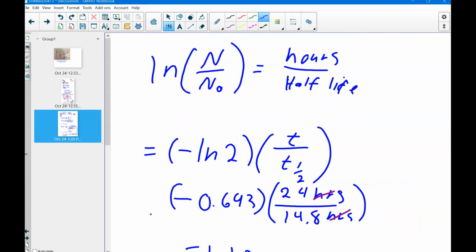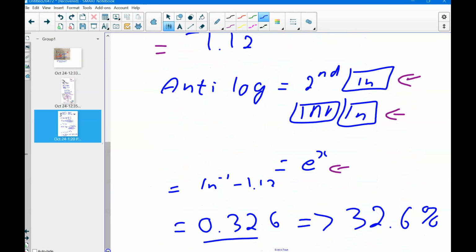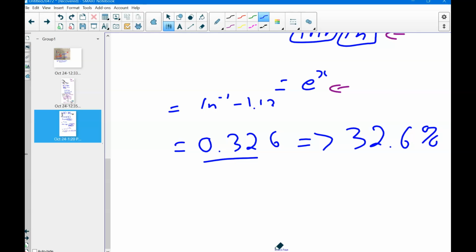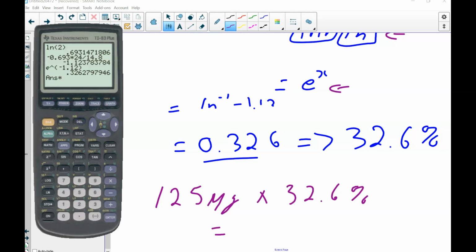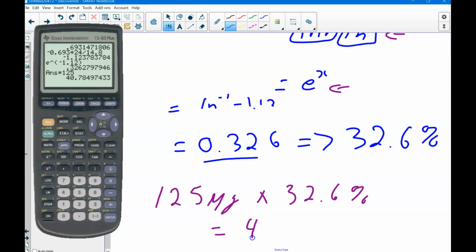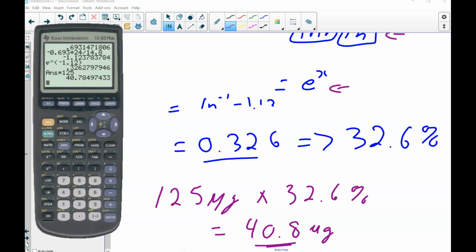So, if I take 125, my original number, 125 micrograms, multiplied by 32.6%, we will get a number that looks like, and we get 40.8 micrograms, which kind of makes sense based on our common sense approach.